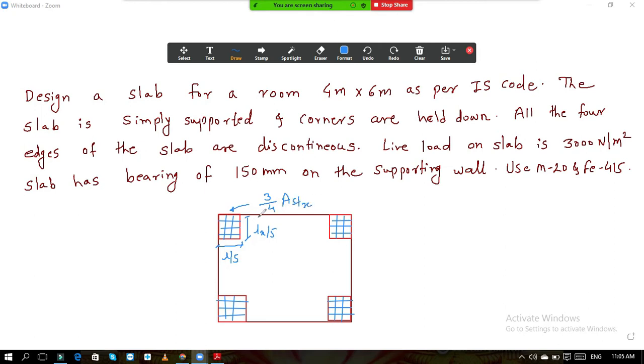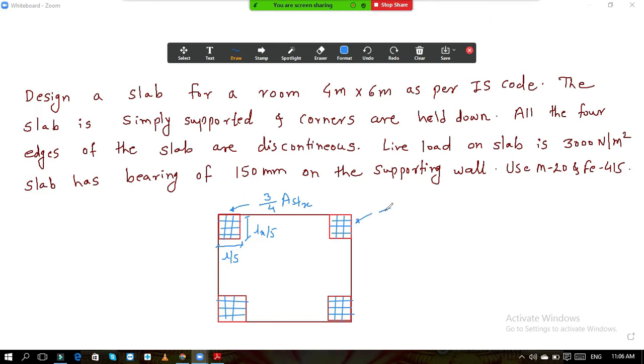So the area of steel which is provided over here as torsional reinforcement is 3/4 of Ast x. This is as per the IS code. We are providing everything as per IS code. While solving the problem, I will tell you in detail. This is called torsional reinforcement.